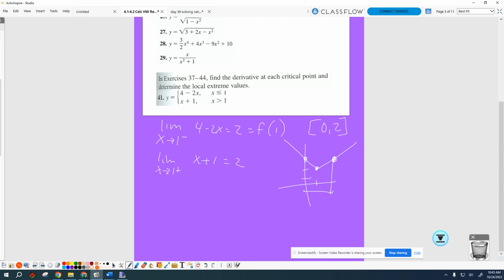You would plug in the endpoints that you chose and our critical point, which was where it broke, plugging in the 0 and plugging in the other. The absolute max would be 4, absolute min would be 2, and a local max would be 3.